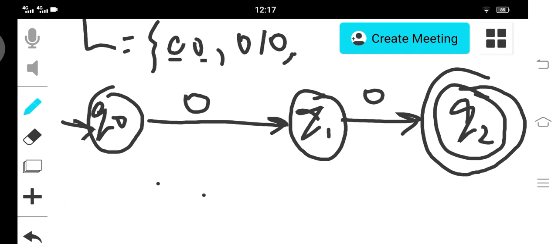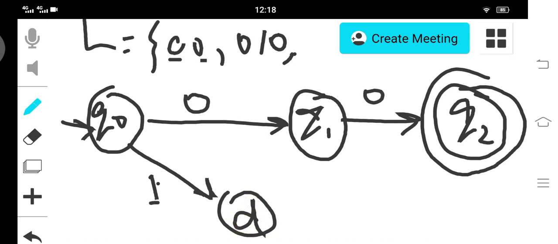So we are in the final state. Then we are going to complete our finite automata. On Q0, if a string begins with 1, it leads us to a dead end, and any combination of 0 1 there also leads us to a dead end.